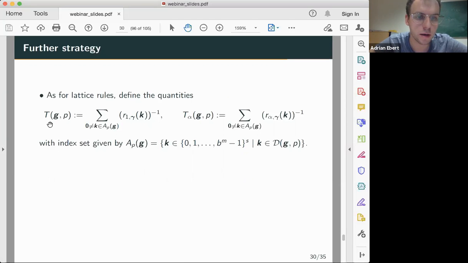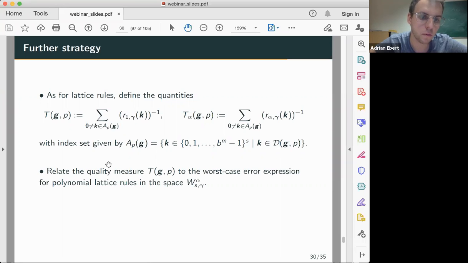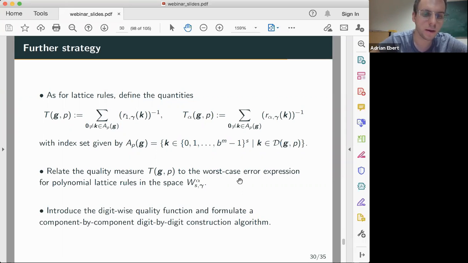We again introduce similar quality measures, now with our newly introduced decay function. We again relate that to the worst case error expression in our Walsh space, and then in the same way define our quality function and formulate the algorithm.